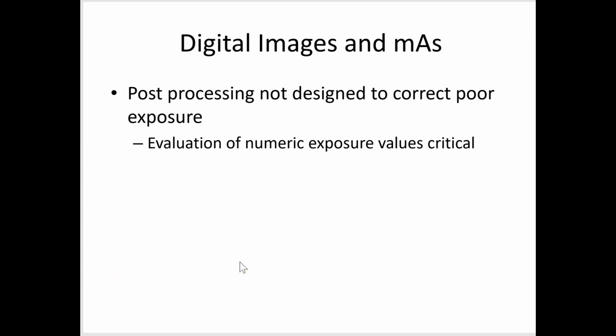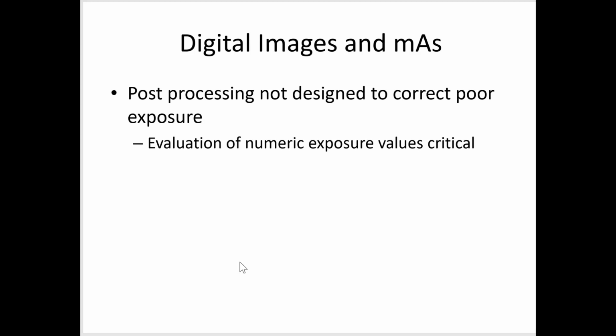Now, we know that in digital imaging, our choice of mAs is important, but we have wide latitude when it comes to technique choice in digital imaging, because the computer will self-correct that image, and we'll get into the details of that in a little bit.